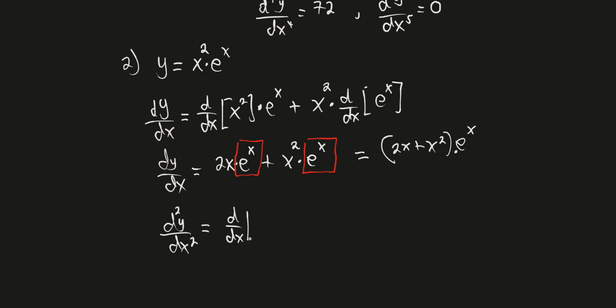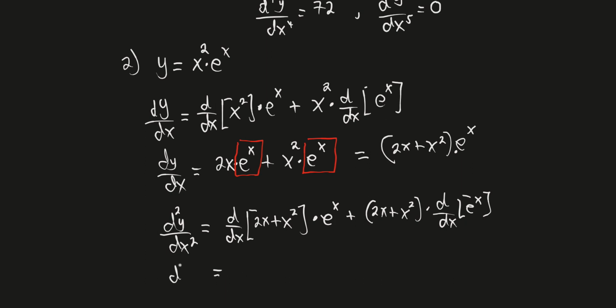Take the derivative of the first, so that's 2x plus x squared, times the second, plus the first, and since it's a quantity, I'm going to use my parentheses, and then times the derivative of the second. Now let's write down the simplified derivatives and see. This pattern makes me wonder, when we find the second derivative, can we still write it in the form where we have a quadratic times e to the x? Well, that's one way to find out.